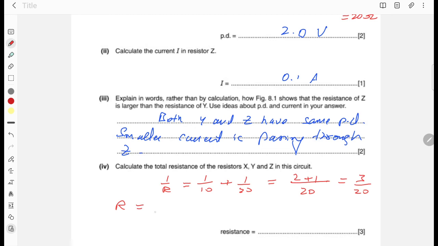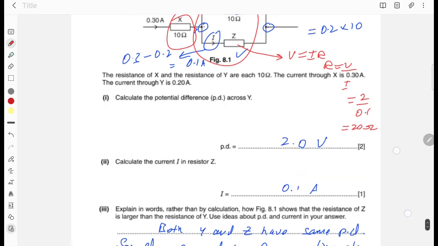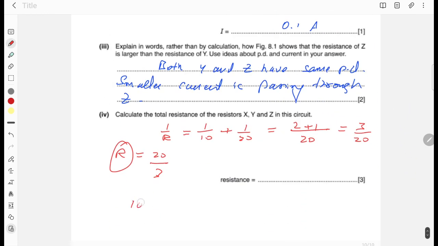This R is the combined resistance of two resistors connected in parallel. Then X is connected in series to this. So for the total resistance, you will add 10 to 20 over 3, and this will be 50 over 3. If you simplify it to 3 significant figures, it is 16.7 ohm.